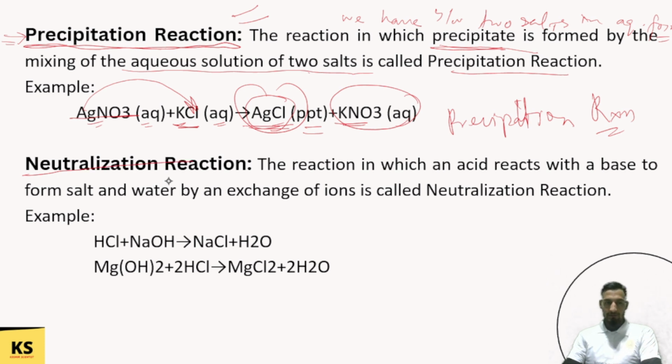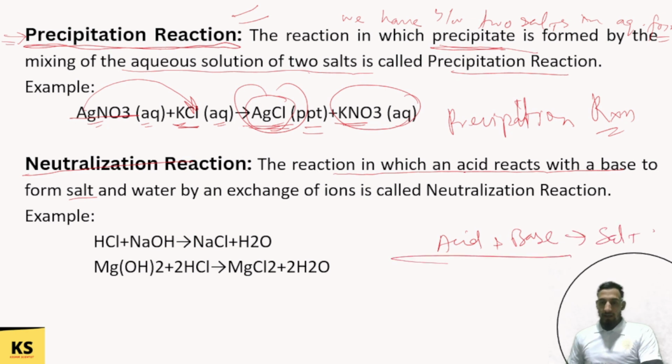Neutralization reaction, a hint was given earlier. It is the reaction in which an acid reacts with a base to form salt. Now what is salt? Salt is the product of an acid-base reaction. Acid plus base gives us salt. This acid-base reaction forms a salt and water by exchange of ions.